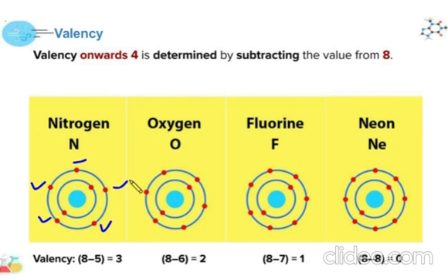There are 5 valence electrons, so I can't say the valency is 5. I will subtract from 8: 8 minus 5 gives 3, so 3 is the valency. Similarly for neon, there are 8 valence electrons, so the valency is 0 because it's already filled. There is no valency taking place there.